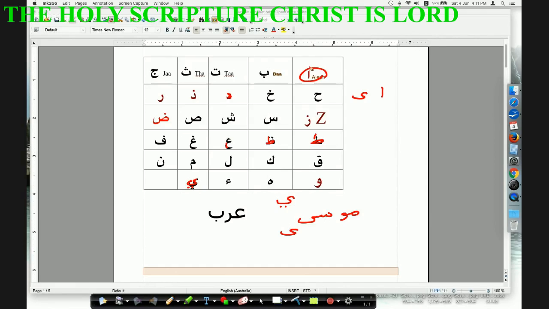If you see the two dots underneath, that will make it Ya for sure. If you see any Arabic word ending with something resembling Ya, but there are no two dots underneath, this is Alif, but a short Alif. All right? Any question?